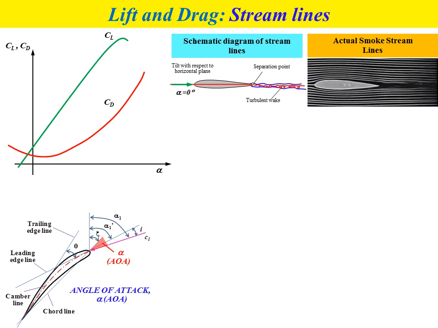However, the turbulent wake region is represented by the region between the two yellow colored lines. In this region we do not have the solid line, because the smoke line disperses due to the turbulent wake formation inside the region.